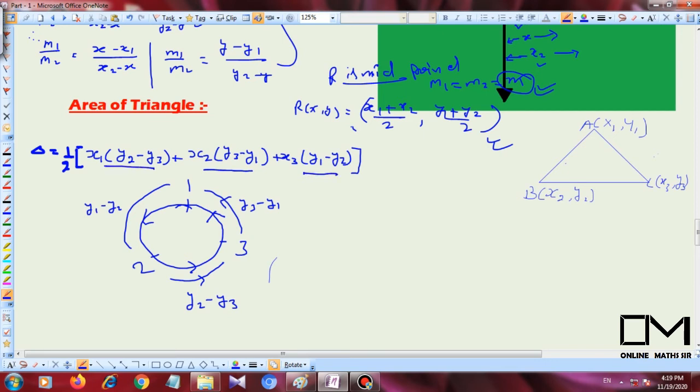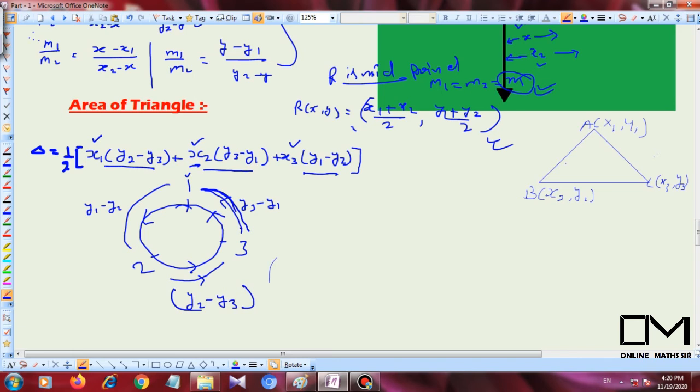Clear? So how to learn it? First of all, write x1, x2, x3 and in brackets the y differences. Suppose you write x1, then in the bracket you write y2 minus y3. The second term is x2, then you write y3 minus y1 inside the bracket.